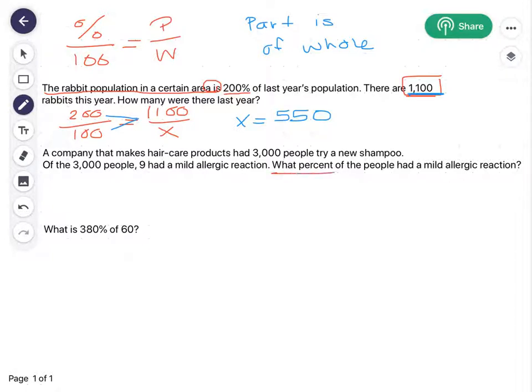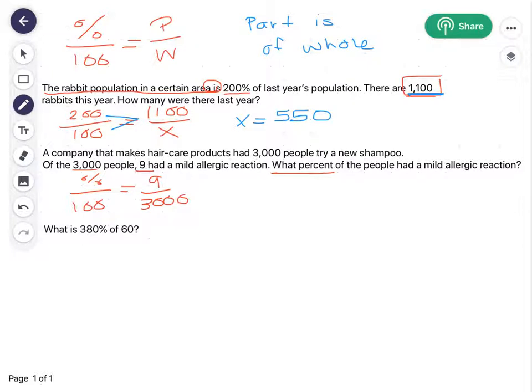Okay, so since it asks what percent, I know we're not going to know the percent part. So now we just need to find out whether the 3,000 and the 9 are the part or the whole. Well, this one's pretty straightforward. Only part of the sample had a mild allergic reaction, and that part was 9 people out of the 3,000.